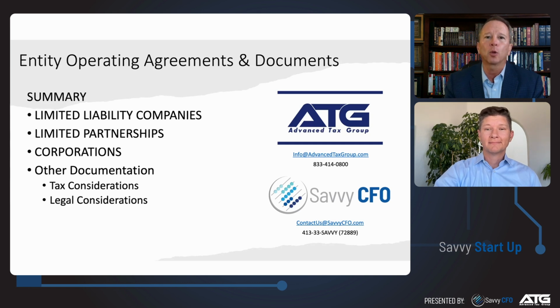So we've got to make sure that we have done all of the documentation the right way to protect ourselves from those lawsuits. And at the same time, if we're wanting to maximize our tax deductions, number one, we don't want to push it too far. But number two, if somebody wants to take a closer look, we need to make sure that we have the right documentation. And a lot of this is going to be laid out in the operating agreement, the partnership agreement, the bylaws. So that's why this becomes so important.